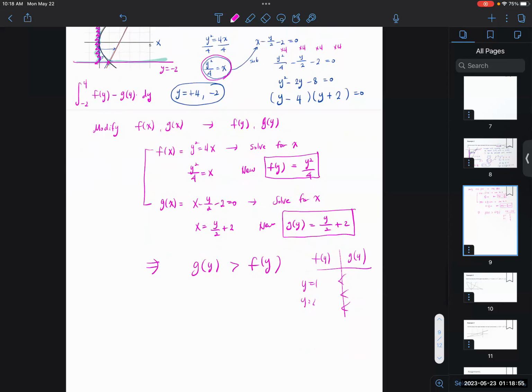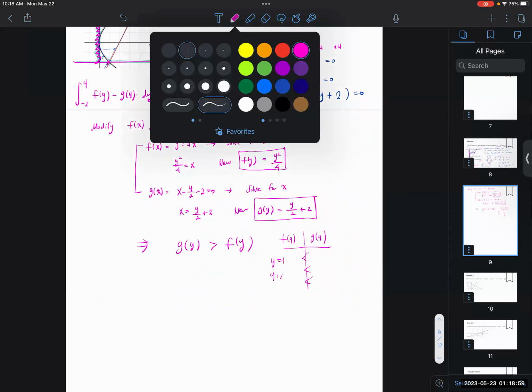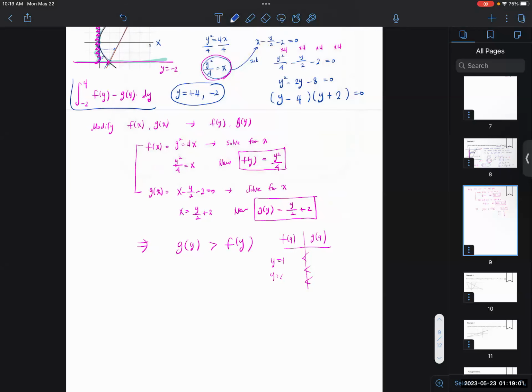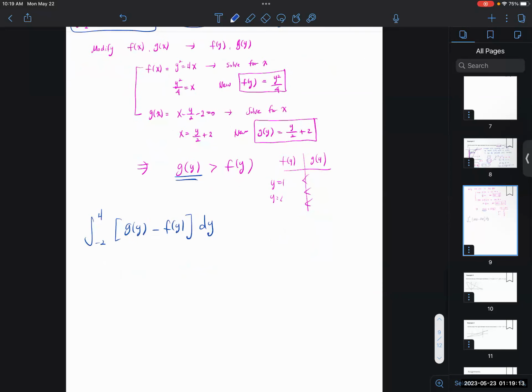So that's something you need to modify. Now we're going to take the integral from where to where, right there, from -2 to 4. In this case, g of y minus f of y is the correct subtraction, because we proved that g of y is the higher height.